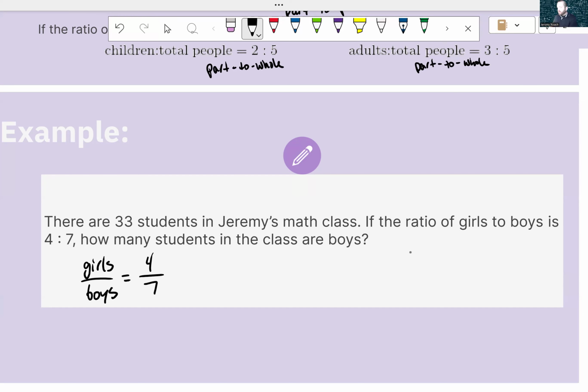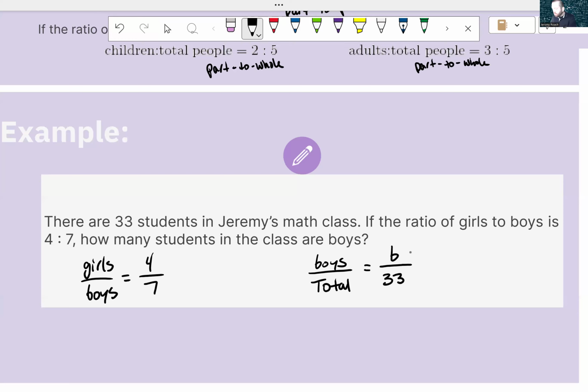So it's asking us how many students in the class are boys. Well, we know the total is 33. So I'm going to write a new ratio that's boys to total. Currently, we only know that there's 33 total, and we are trying to find how many boys there are.